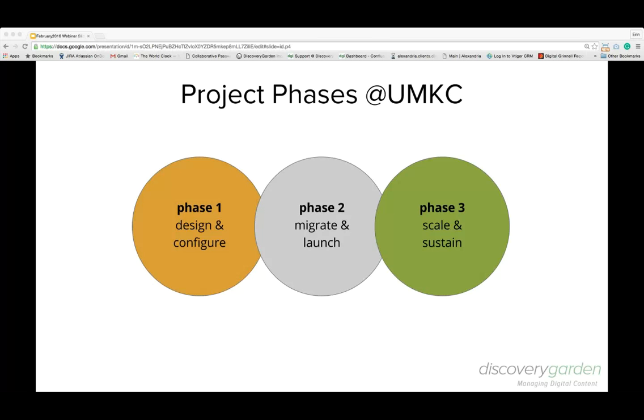I had discovered that the metadata in our legacy system was wholly inadequate. So phase 2 actually involved a huge metadata enhancement process as well. And I'll talk about that more in a bit. Phase 3, what we're looking at now, is evaluating how we can scale and sustain the repository programs, but I'll discuss that more later.